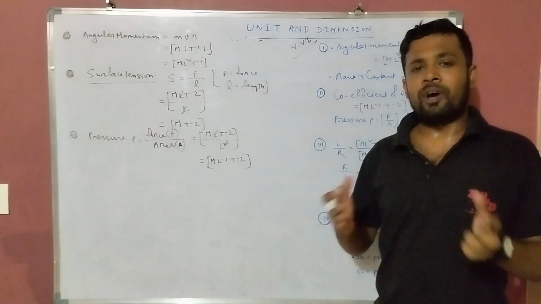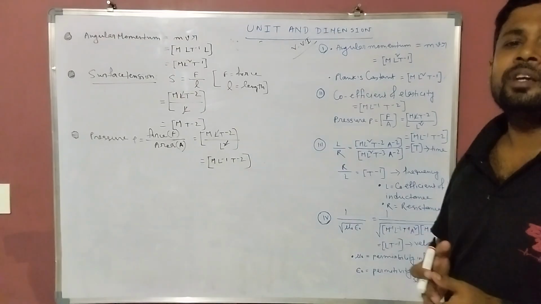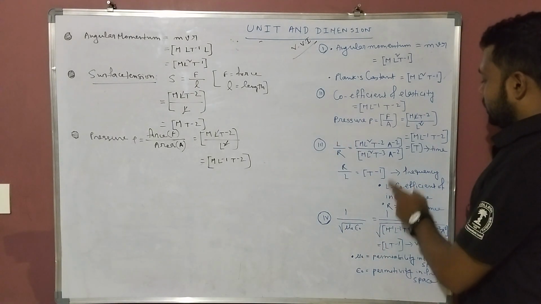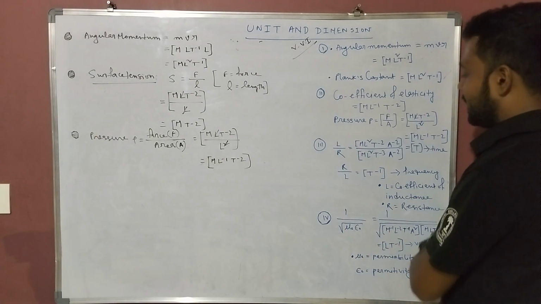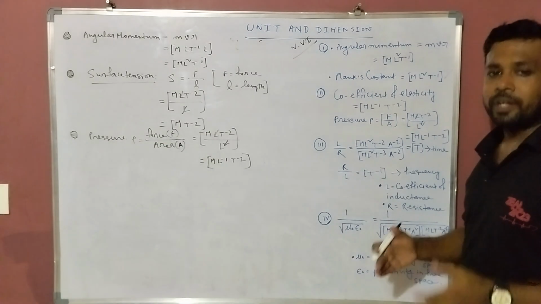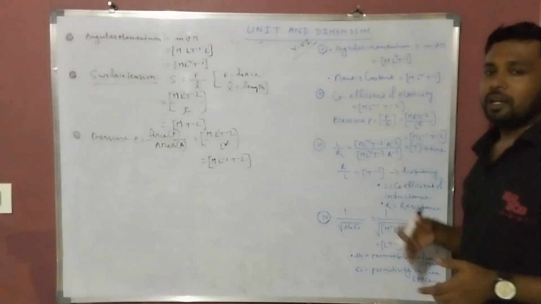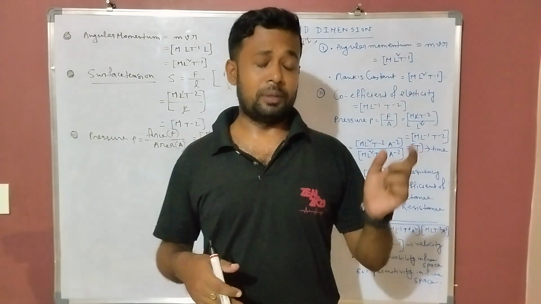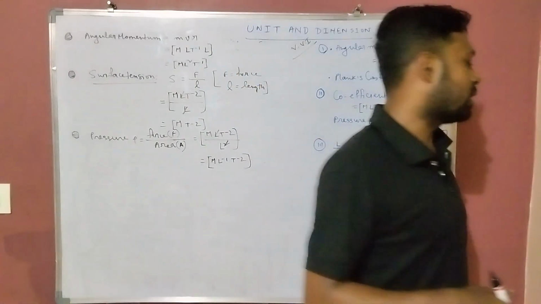Ultimately, when you cover the whole syllabus, it will be very easy for you. Don't worry. So now you just know L is equal to coefficient of inductance. I will describe in detail about L and R when I teach AC current in class 12.